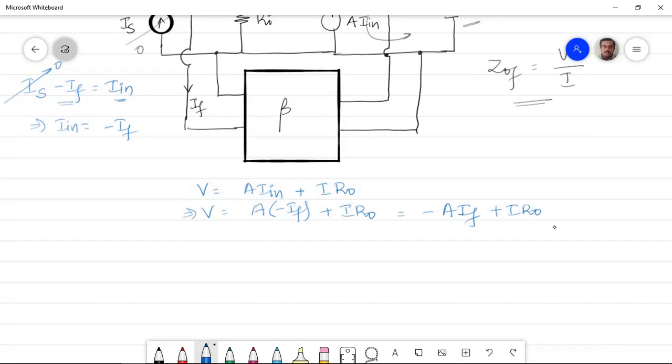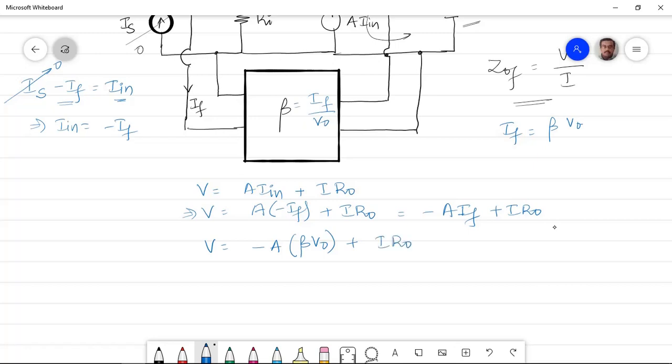What next? But what is IF equal to? IF is nothing but beta times V naught. Correct? Because beta is IF divided by V naught. So I can write IF as beta times V naught. So V is equal to minus A times beta V naught plus I times R naught.